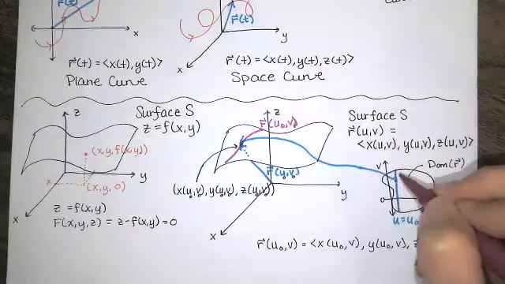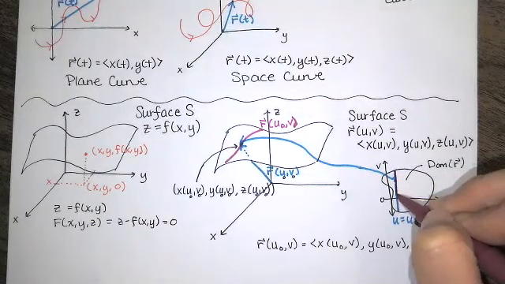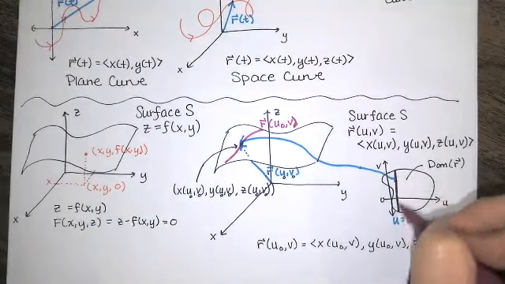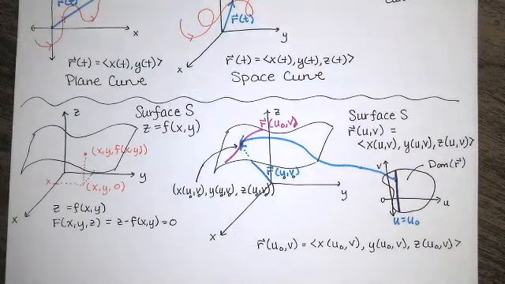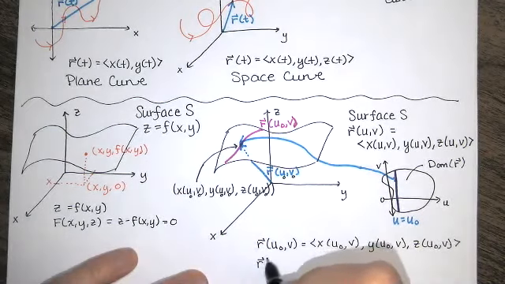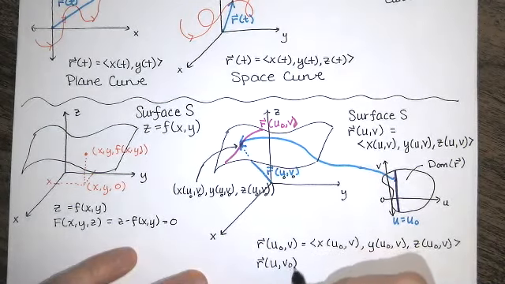So R of U naught and V comes from letting U equal U naught and then letting V go through a range of values, and then we get a curve on the surface like that. Well, I could do the same thing by holding V equal to a constant. So I'll have R of U and V naught.